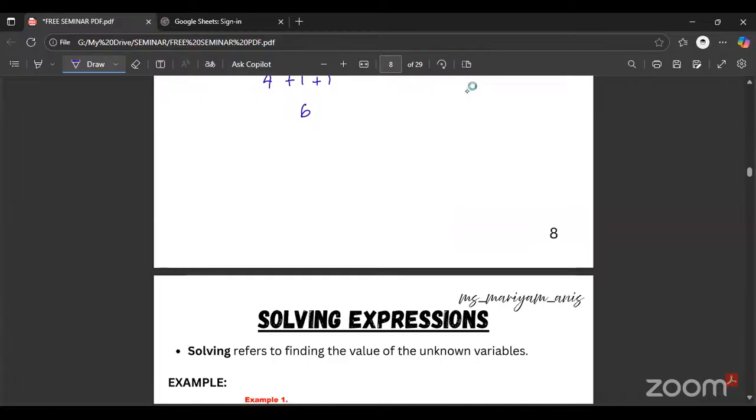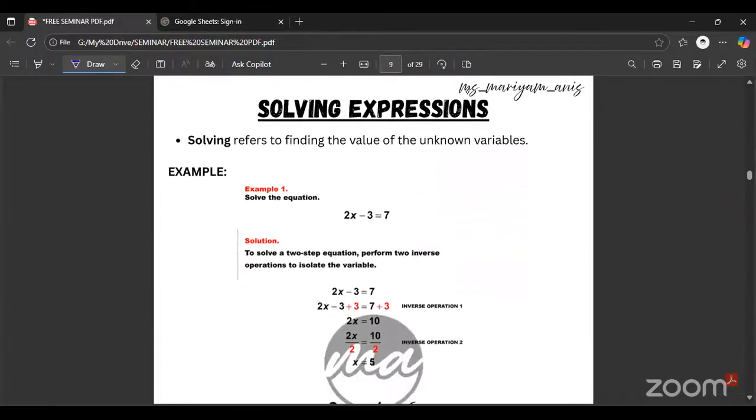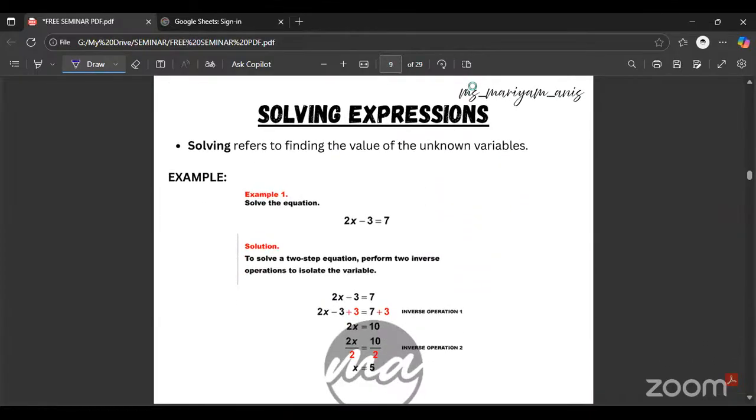Now let's move on to our fourth topic, solving expressions. In algebra topic, or you might have heard as equations, some might learn it as algebra. In those things, solving means finding the value of unknown variables.